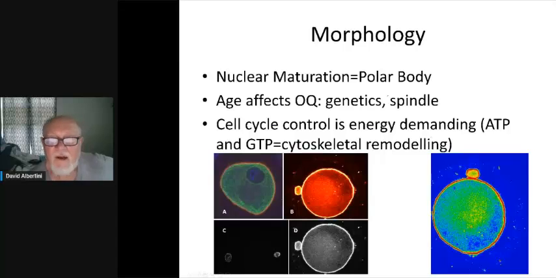So if we take our crude viewpoint of morphology, as I said, we imply nuclear maturation simply by seeing a polar body. Of course, the pole scope, when it was introduced some years ago, also gave a very reliable measure of spindle integrity, which was good to have on hand, especially at the dawning of ICSI.